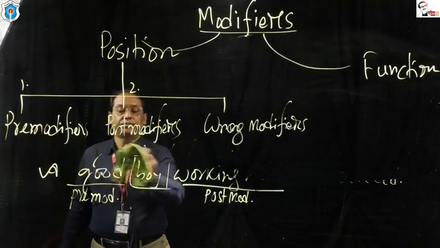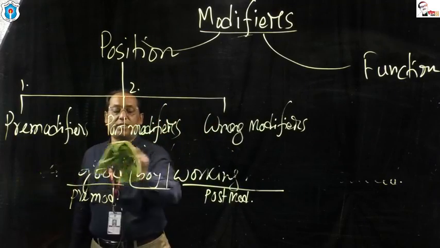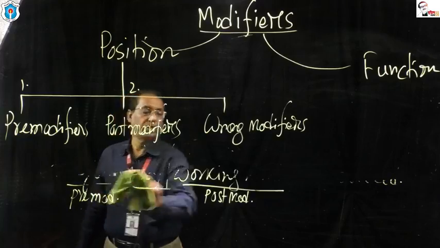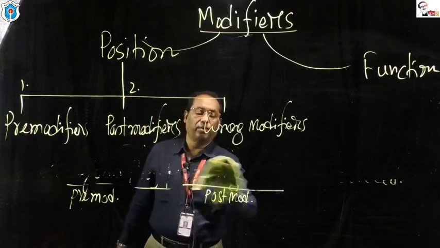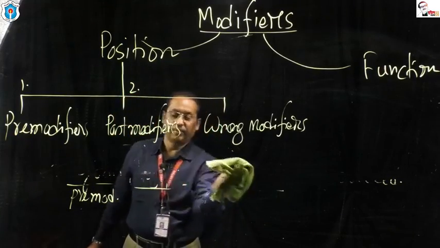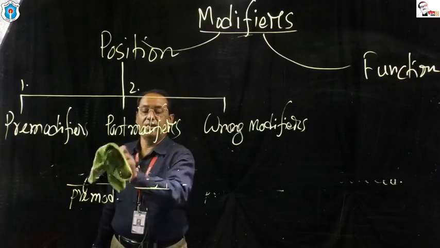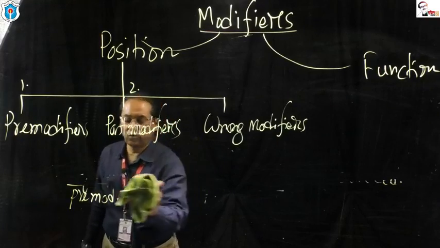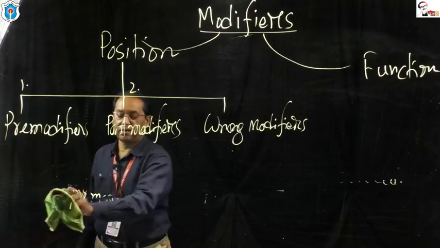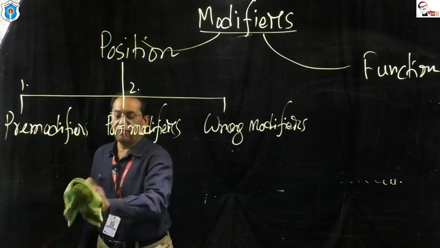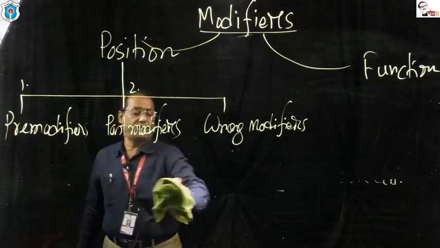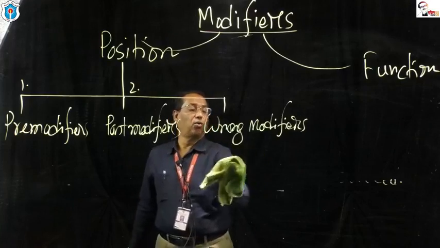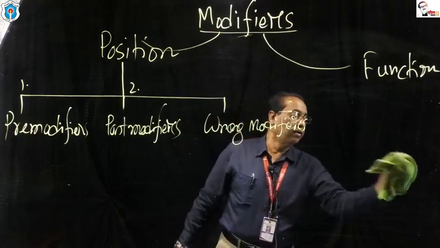Now, you can understand pre-modifier and post-modifier in short. Now, wrong modifier. I think that you are thinking, why do you need to know this peculiar kind of modifiers like wrong modifiers? Why should you know about wrong modifiers?